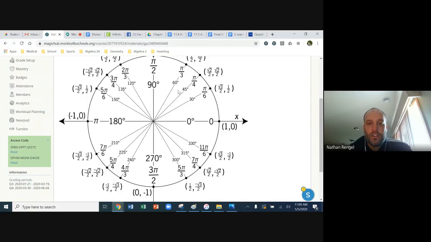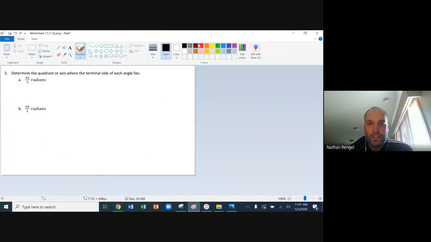And in our coordinate plane, quadrant 1 is right here. Quadrant 2 is right here. 4 pi over 3 then is in quadrant 3, which is right there. So heading back to that problem, the simple answer is which quadrant it's in. It's in quadrant 3. Done with that one.